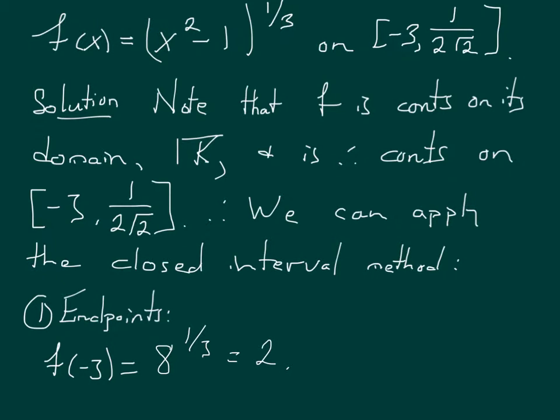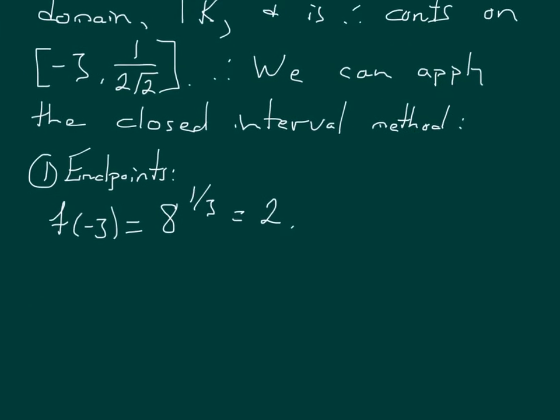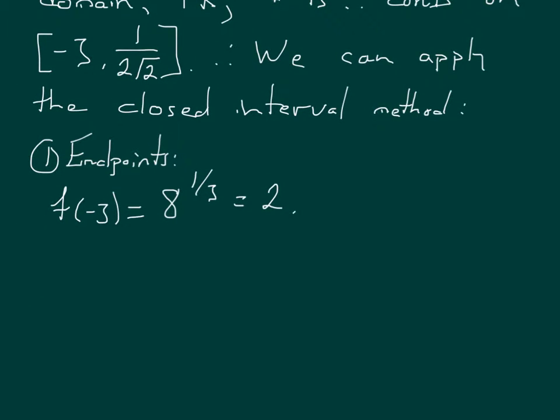All right, and now we need to evaluate our function f at the other endpoint, 1 over 2 root 2. So let's do that. So f at 1 over 2 root 2 is equal to, and let me just rewrite what f is over here so that we can see it. f of x is equal to the cubed root of x squared minus 1.